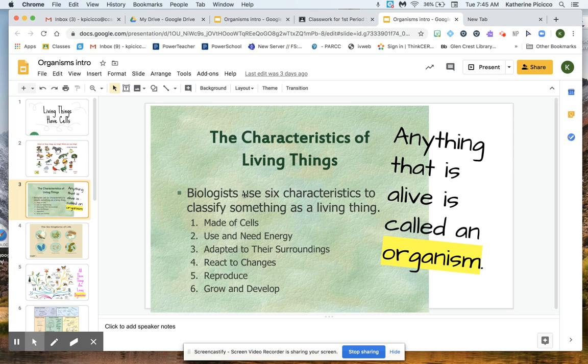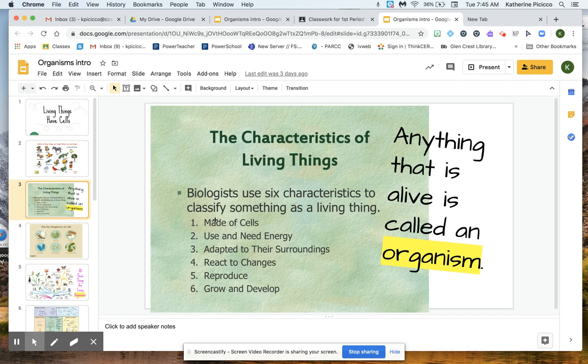Biologists, which are scientists that study living things, use these characteristics to classify something. So anytime you want to say that something's alive, your proof is any of these things. It's not going to be like it's breathing or it has blood. It's got to be one of these things, because what I want to try to do today is expand what your idea of being alive is.